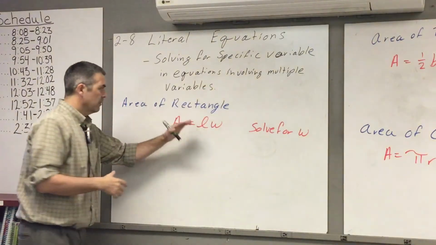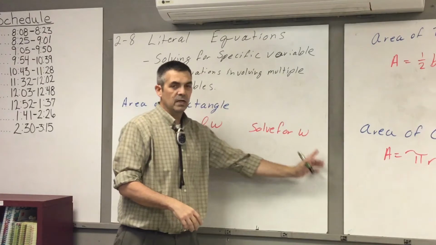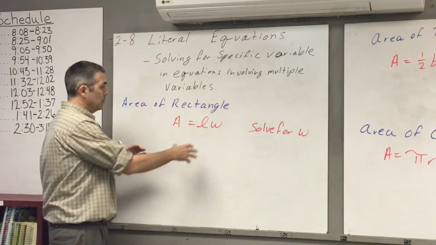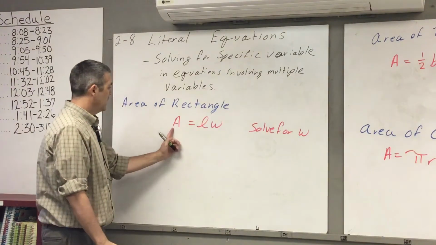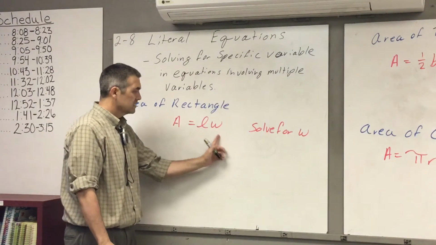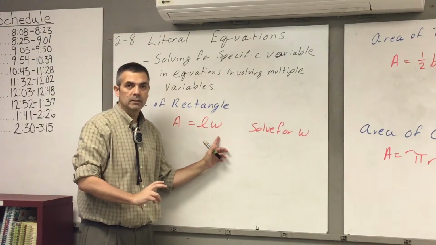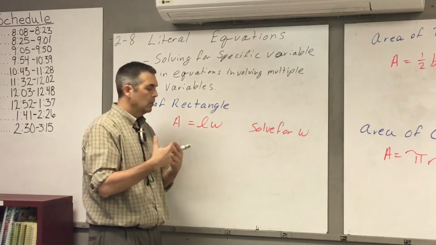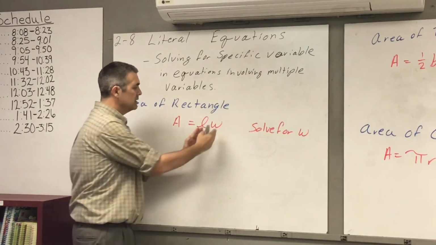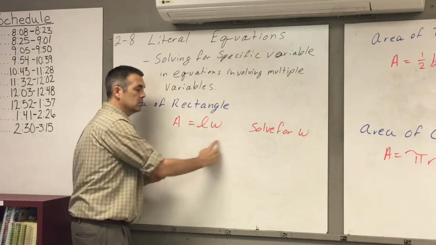So area of a rectangle: area equals length times width. We want to solve for W. When we look at this, it's just like a normal equation. A equals length times width. So you're going to undo these operations, using the opposite operation to get rid of the things that you want to get rid of. We want the W all by itself, so you're going to undo the multiplication here.